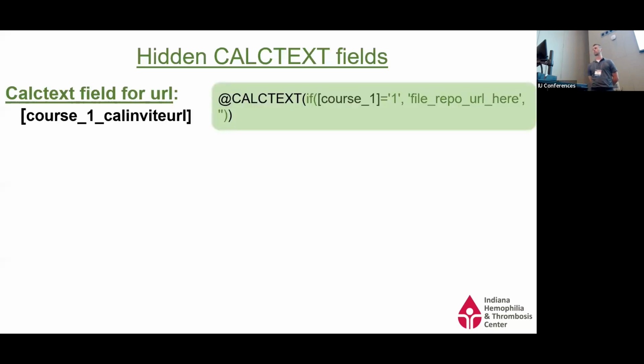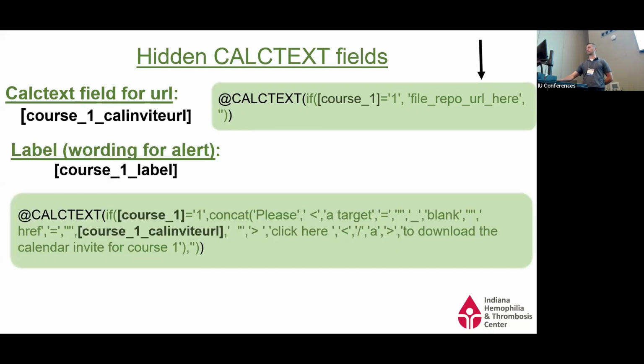In order to set up that easy clickable link in that email, here's where calc text comes in. If someone has checked the first course, you want to take that file repository shareable link and put it in that calc text area. Then, to make it really neat and streamlined in that email, you have another calc text field.